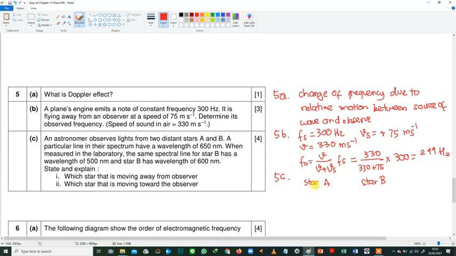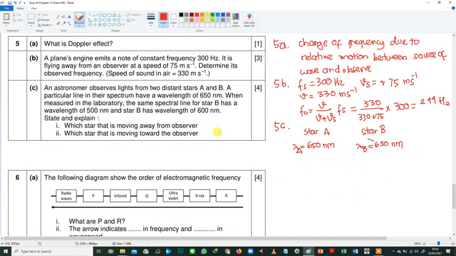So for star A, the wavelength is 650 nanometer. I'm going to write lambda A and lambda B, which is the same, because in here A and B have the same wavelength. So it's 650 nanometer. When measured in the laboratory, the same spectral line for B.